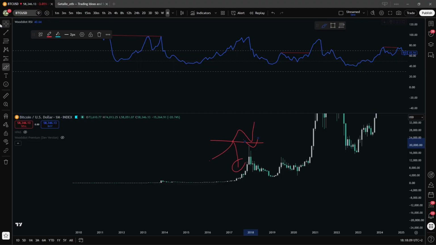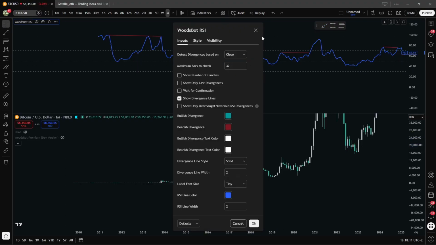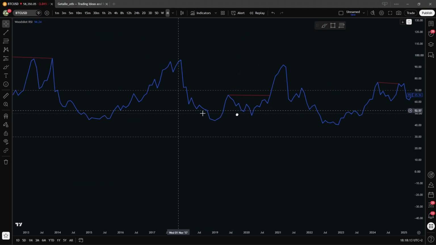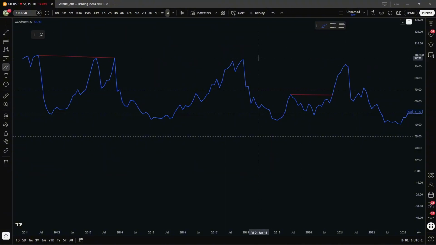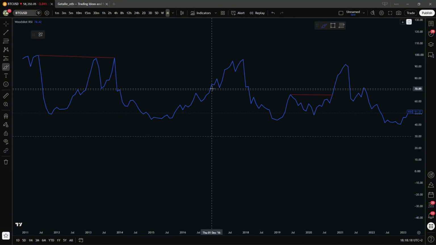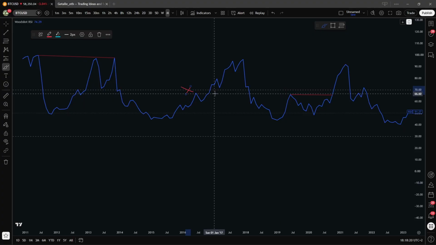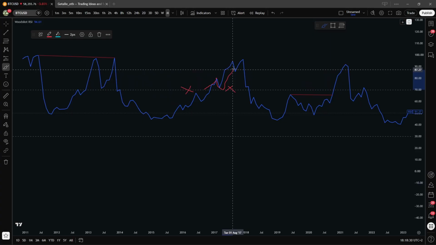And the same way it is for the RSI indicator. So if the RSI accepts above the 70 region, the overbought area, goes up and then retests it and bounces from it, this is an extremely bullish signal. This is not bearish.